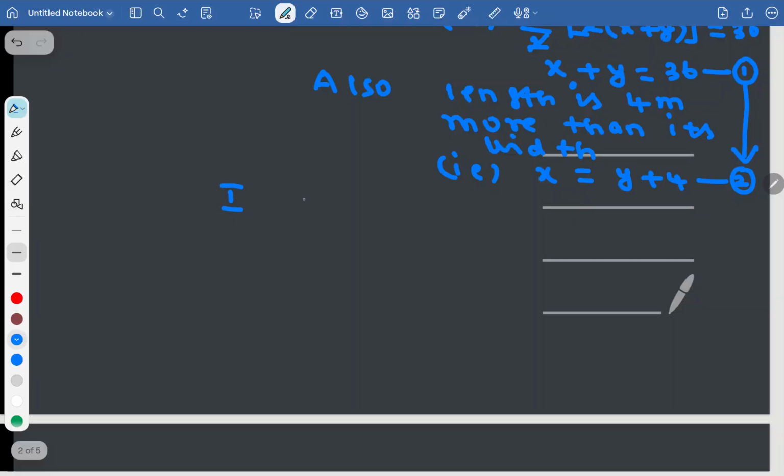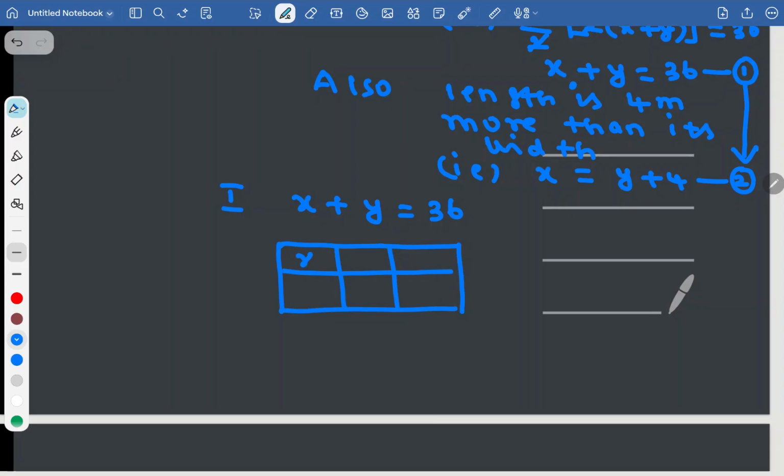First equation, x plus y equal to 36. Find the points (x, y). When x is 0, y is 36; when y is 0, x is 36.